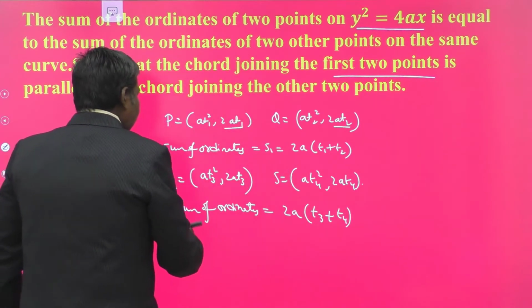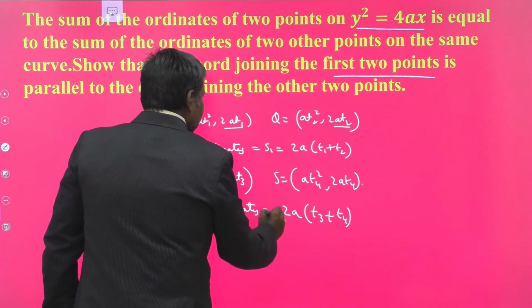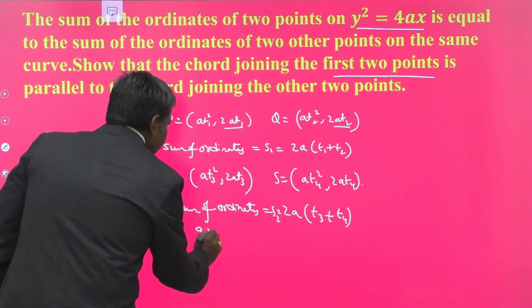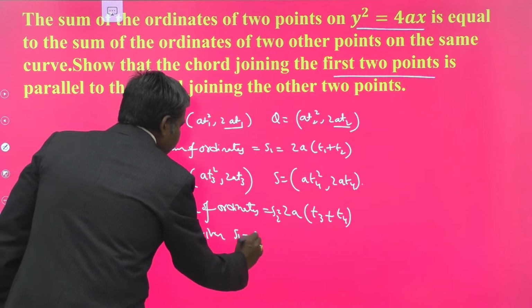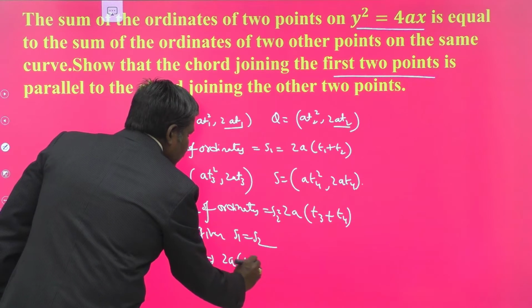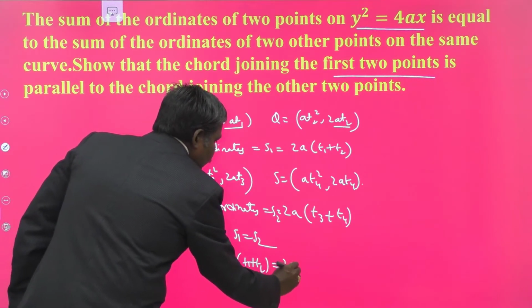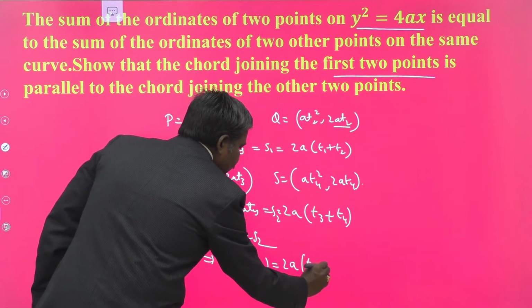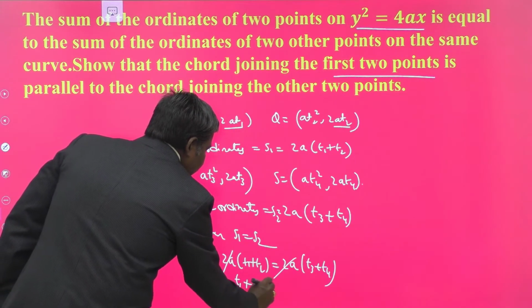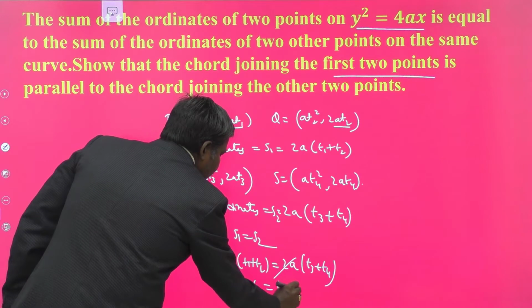So suppose S1 is equal to S2, which implies 2a times (t1 plus t2) is equal to 2a times (t3 plus t4). 2a gets cancelled. What we obtain? t1 plus t2 is equal to t3 plus t4.